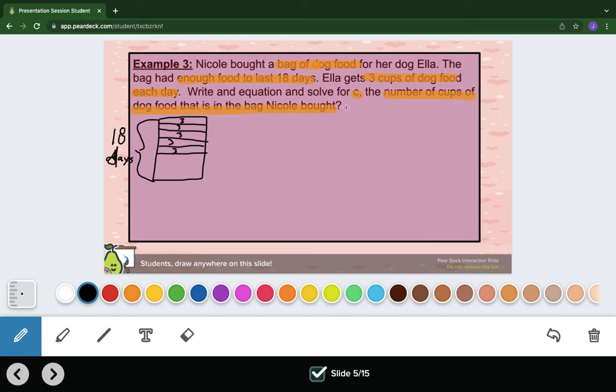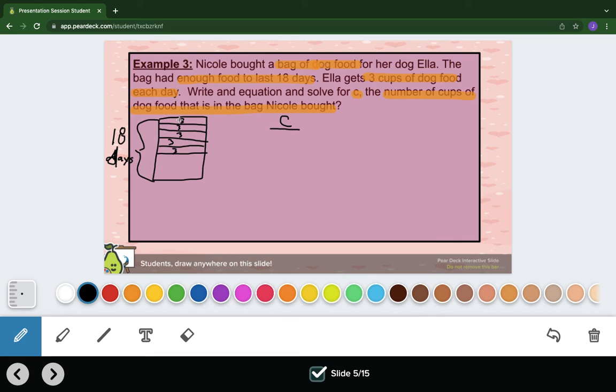So C is the number of cups the dog food has, so I'm going to use this C. This C represents the total amount of cups the dog food can last me for only those 18 days. So this is the total. With the total amount, what am I doing each time?